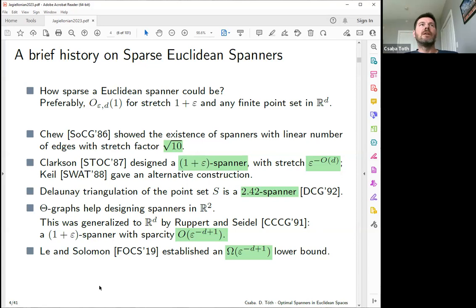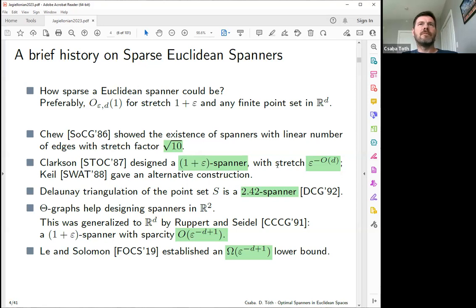This is a brief one-slide summary of history. Chew showed in the 1980s that Delaunay graphs attain a constant stretch factor in Euclidean space. Then in 87, Clarkson and Keil independently proved that one can find a 1 plus epsilon spanner which is already constant sparse.